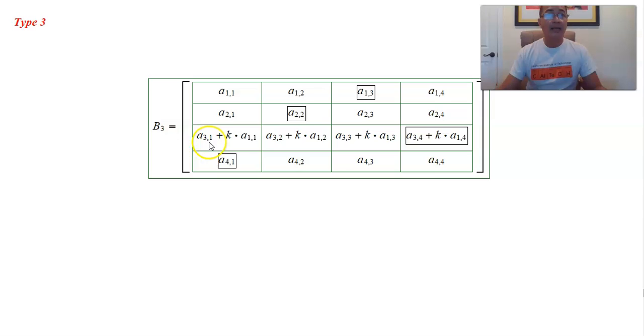So it looks like I added to row 3 K times row 1. Okay, so B3 will take the place of the matrix C in our last theorem, in the lemma. So what I want to do is write the determinant of B3 as a sum of two determinants.